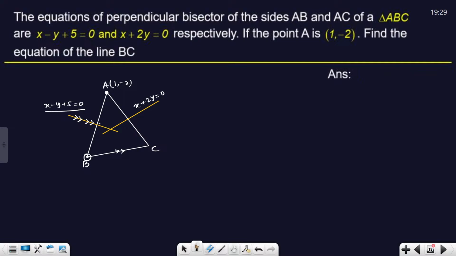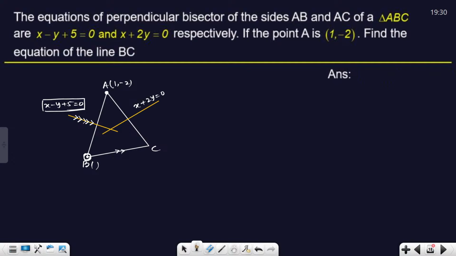If this line is the perpendicular bisector of the line joining the points A and B, then point B will simply be the image of point A with respect to the line mirror x minus y plus 5 equals 0. So we can easily find out the coordinate of B.